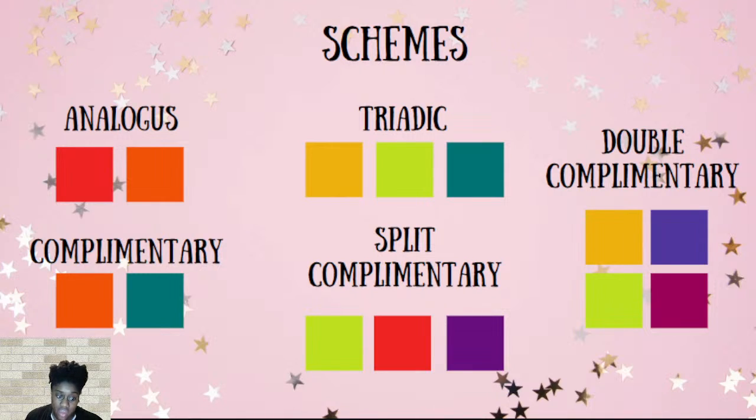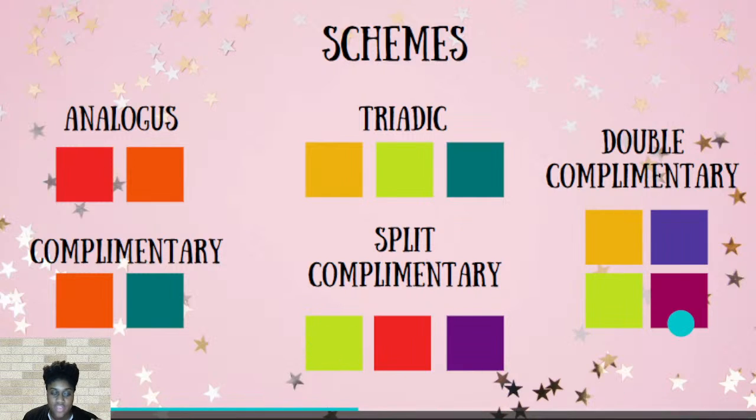We have split complementary, which has 1 color on one side, and then on the other side of the wheel, the 2 colors that are next to the color that is directly opposite of the first one. I know that's kind of hard to visualize, but in our example here, we have chartreuse, red, and purple. And then we have double complementary.